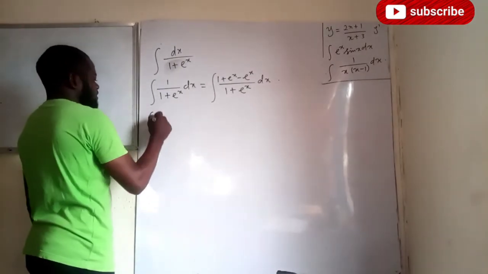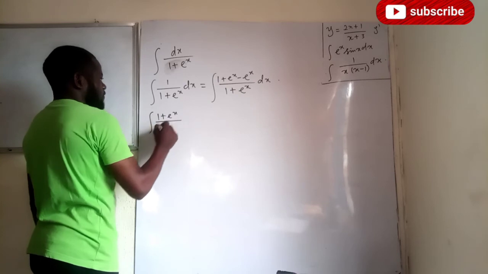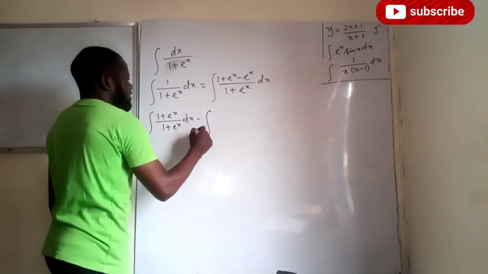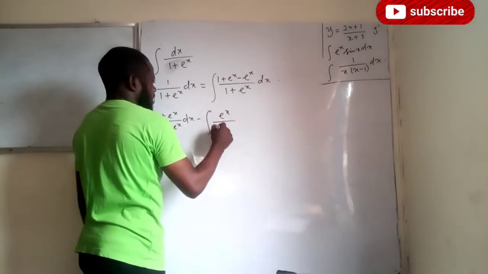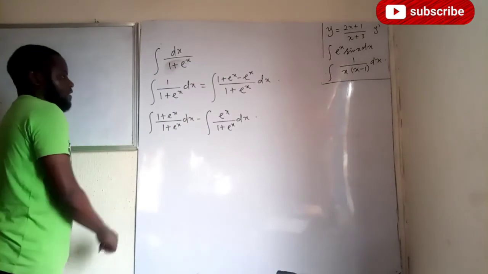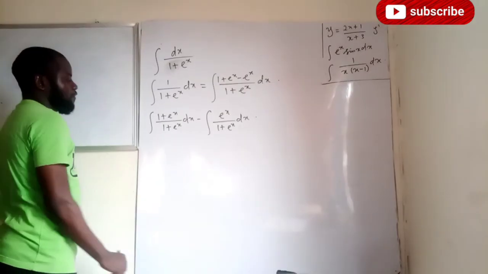So this will become the integral of 1 plus e to the power of x over 1 plus e to the power of x dx, minus the integral of e to the power of x over 1 plus e to the power of x dx. And I think this is very easy now to approach.